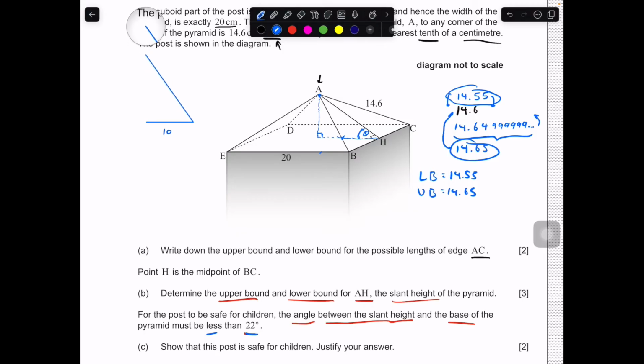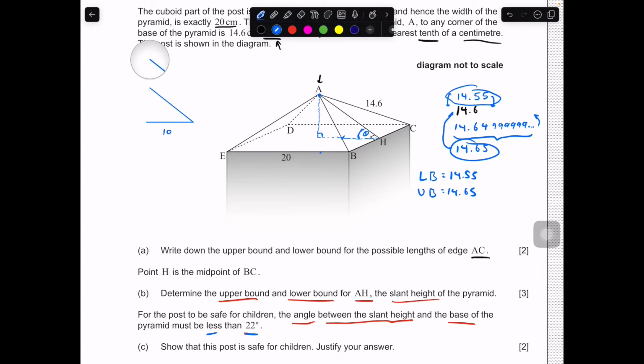So the angle between the slant height and the base has to be less than 22 for the post to be safe for children.